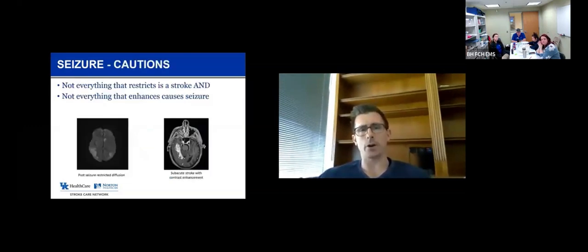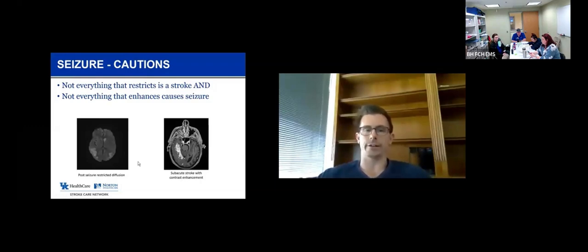As far as MRI goes, generally speaking, strokes cause diffusion restriction on MRI, and in epilepsy patients, we're looking for things specifically that enhance, although non-enhancing things can cause seizures too. But the point here is that not everything that causes restricted diffusion is a stroke, and not everything that causes contrast enhancement is a seizure. So what we have on the left side here is a DWI MRI showing some restricted diffusion after a patient has had a seizure.